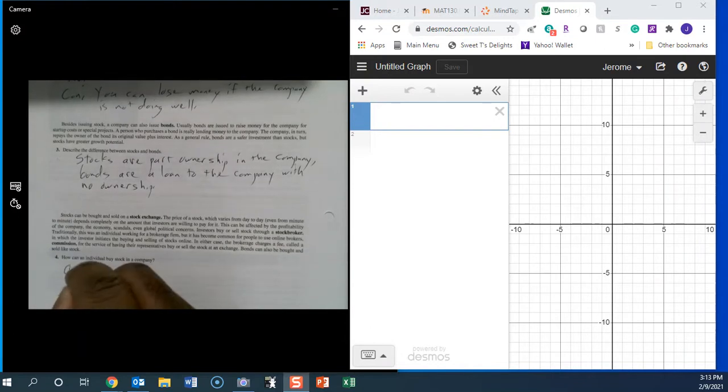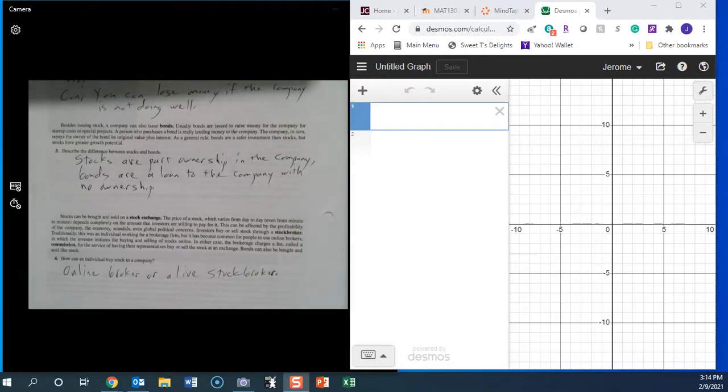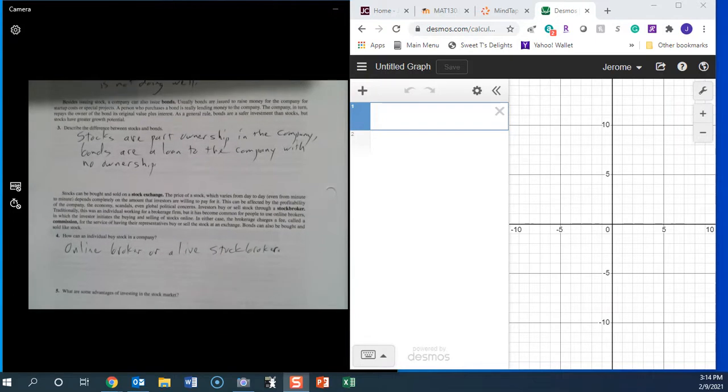You could do it online, with an online broker or a live stockbroker. And for the sake of this class, I'll just leave it there because there's other ways you could buy stock as well. But we'll just leave it with the online and a live stockbroker.